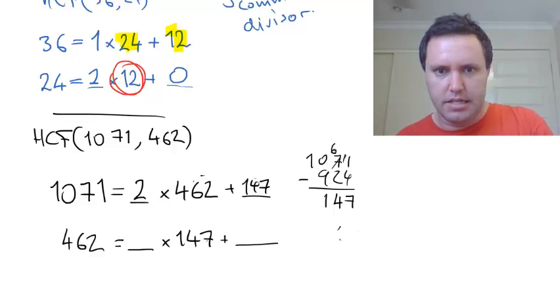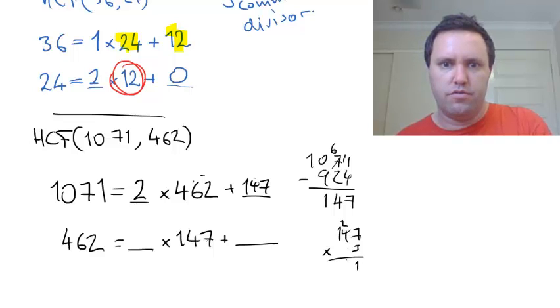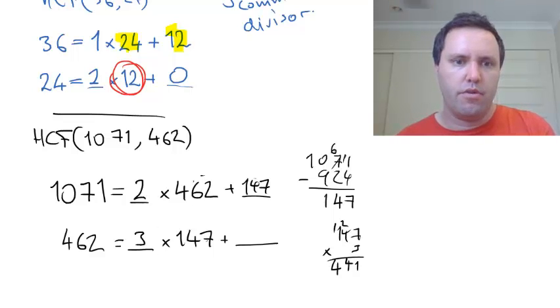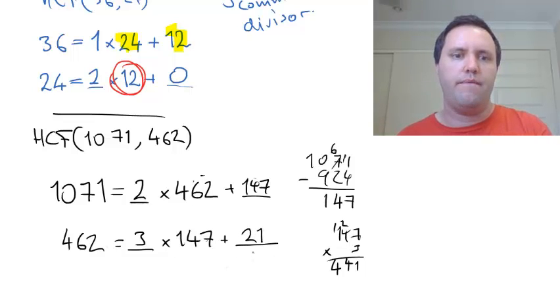Let's just check that: 147 times 3. 3 sevens are 21, 3 fours are 12, plus 2 is 14, so 441. So 3 times 147, and 462 minus 441 is 21 left over.